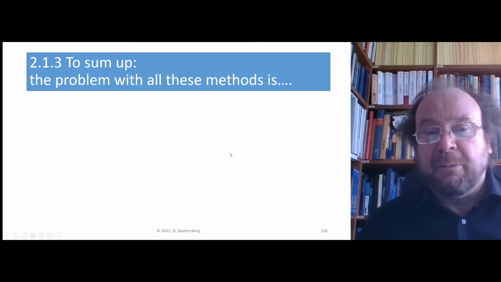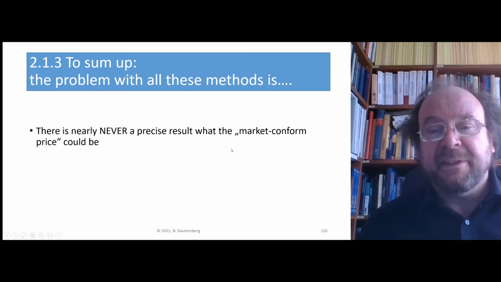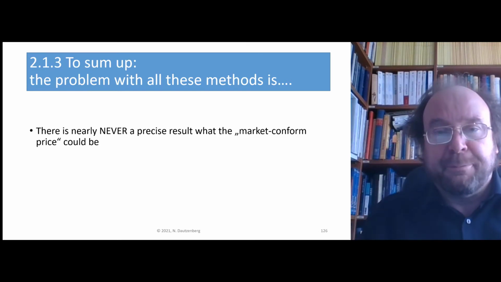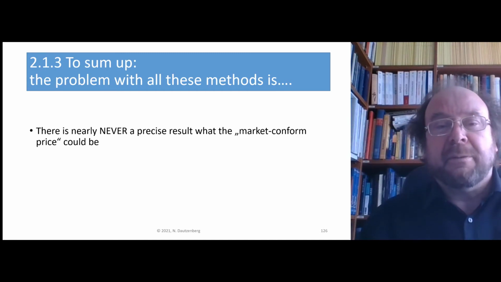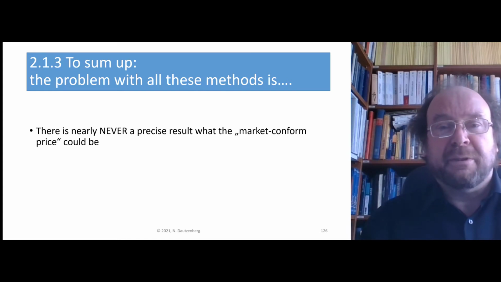Yeah, the problem with all these methods is, ladies and gentlemen, as you have seen here, you never end up with a precise result for the market conform price. So you always end up with a range, probably different. If you have several methods and they all indicate the same range, then you can be already a bit more confident.